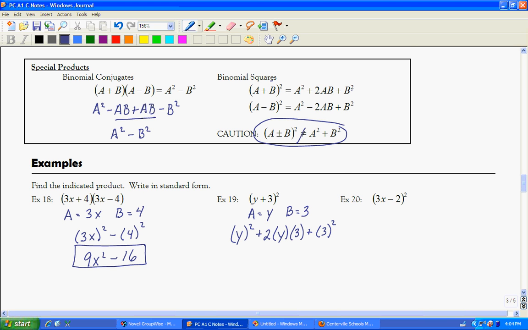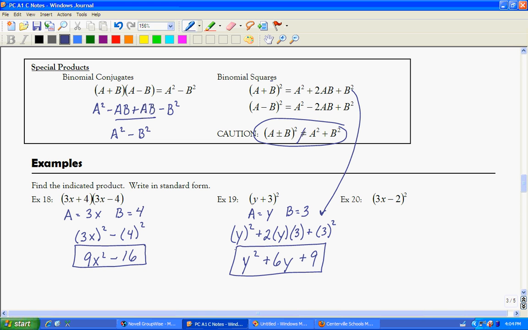You see I'm just taking this form right here and substituting in, and when you substitute, it's always a good idea to use parentheses so you keep everything clear. And then we're just going to simplify. Y squared is y squared. 2 times y times 3, that's a plus 6y. And then 3 squared is 9. So there is our answer.